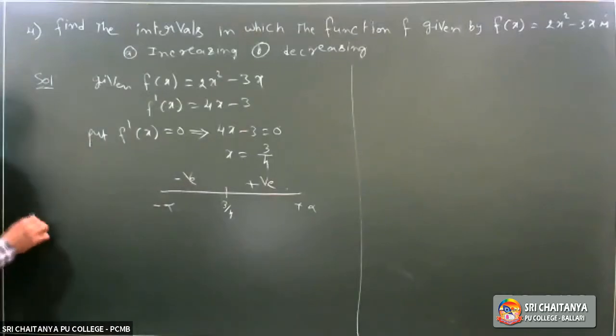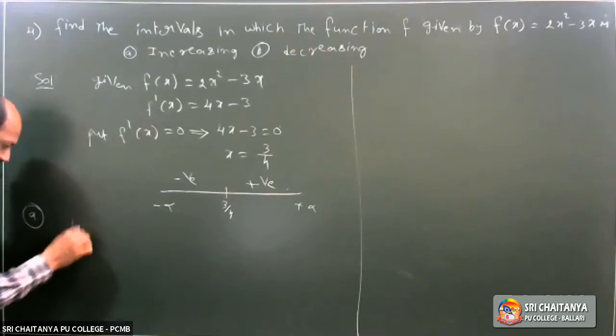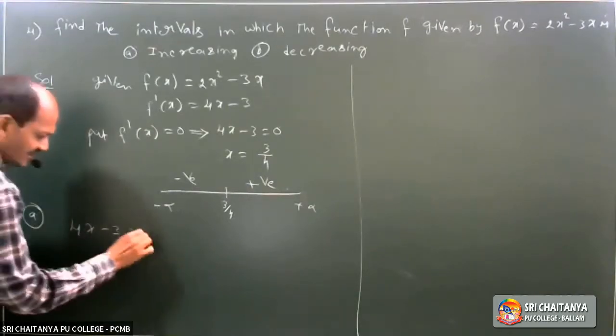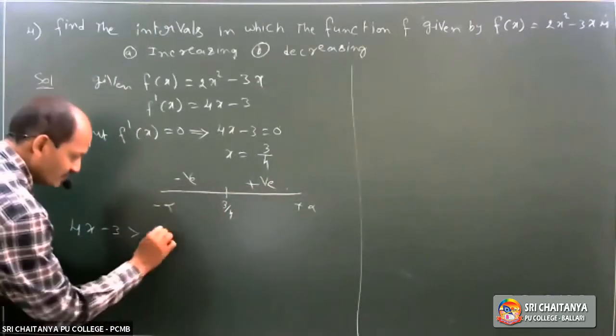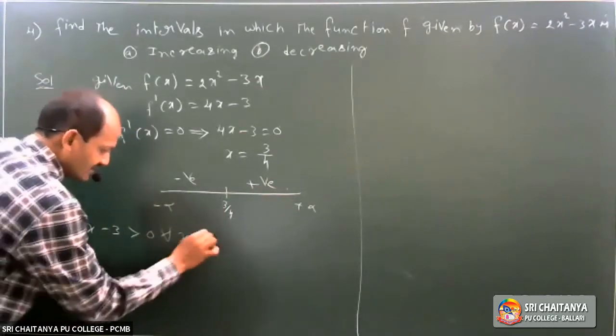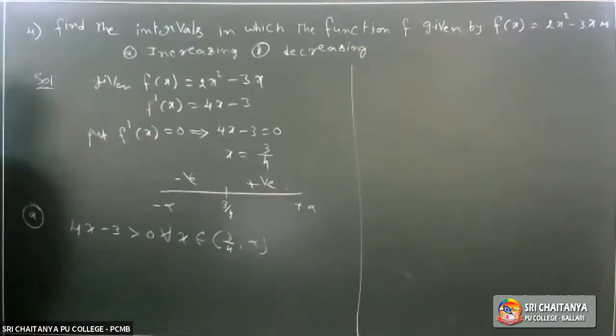For the A question, first derivative 4x minus 3 is greater than 0, meaning positive, for all x belonging to 3 by 4 to infinity.